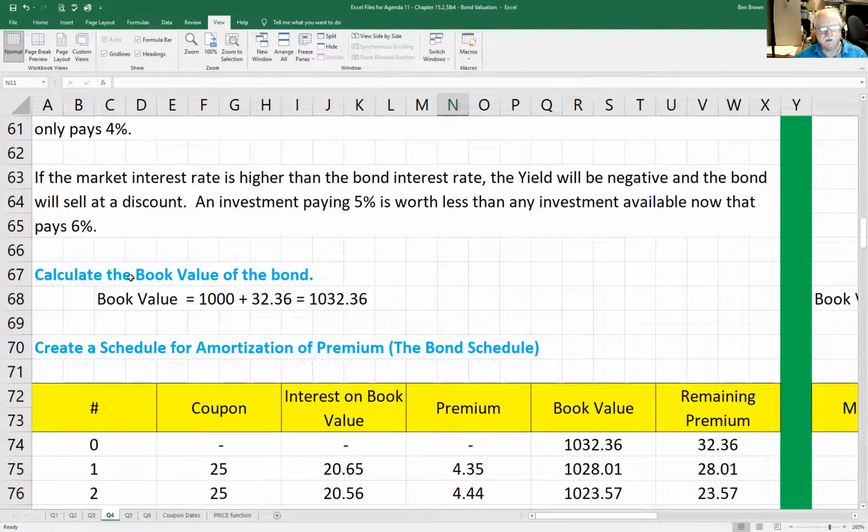So they calculated something they refer to as the book value of the bond. The 32.36 is the premium. The bond is worth $1,000. So what they call the book value of the bond is 1,032.36.